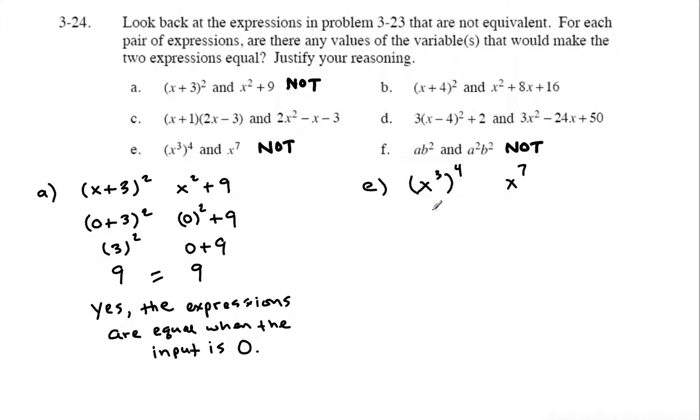In this case, if we plugged in 0 and multiplied it times itself over and over again, we would end up with 0. So if we plugged in 0 here, we have 0 to the third power, and we're raising that to the fourth power. Well, 0 to the third power is 0 times 0 times 0, which is still 0. And when we raise that to the fourth power, it's still going to leave us with 0. So 0 is going to work for us. And that's the same thing as saying 0 to the seventh power.